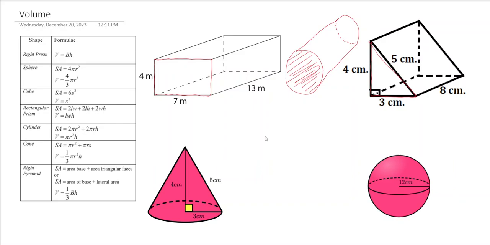Okay, so with this base, we're talking about volume. So this base is length times width. Okay, this base, we're not done with the volume formula by the way, this base is pi r squared. And this base is base times height divided by 2.